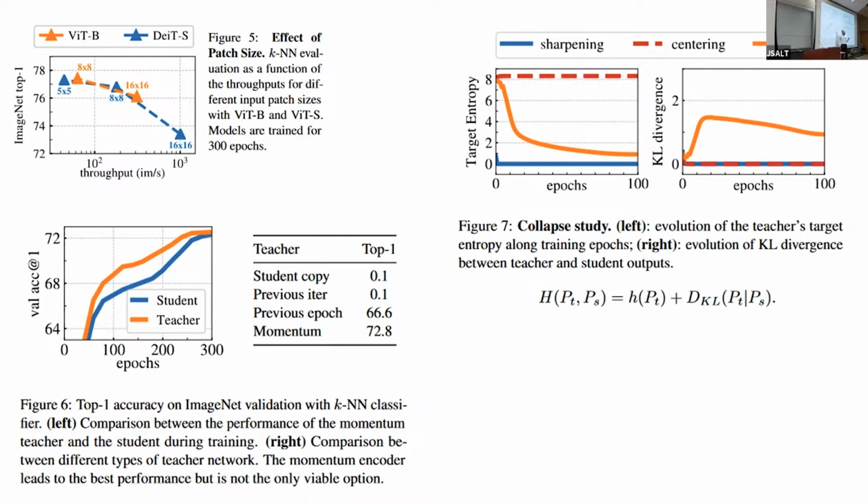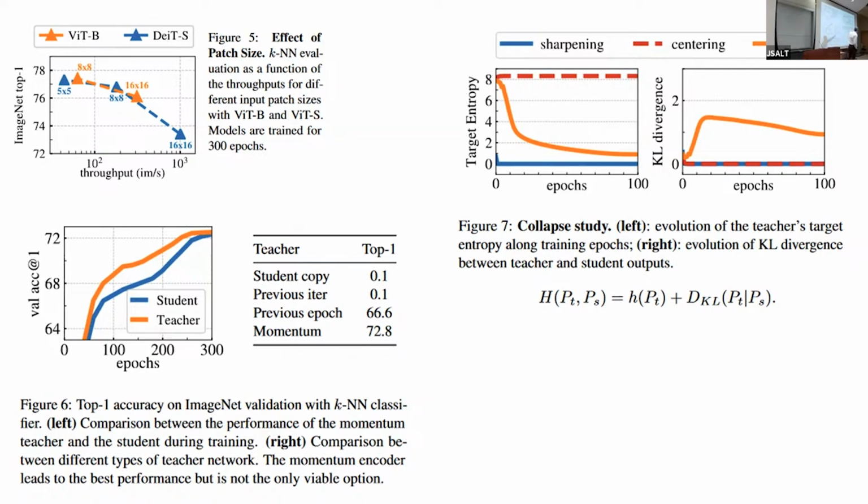They had to balance the influence of the terms in the loss function, and it is actually the sharpening and the centering that is doing the job. And if you set it not very well, you will collapse. And here in these graphs, because the cross entropy can be divided into entropy and the divergence between the signals, you can draw these nice graphs, and you see the collapse study.